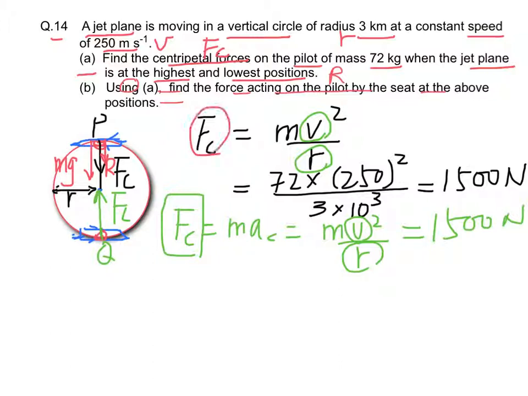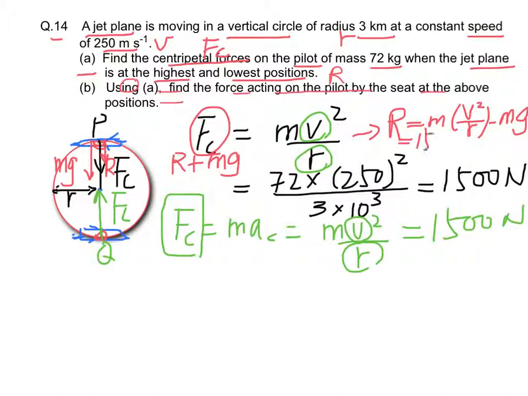Therefore, Fc equals R plus mg, which is equal to mv squared over r, implying the reaction force acting on the pilot at P is equal to mv squared over r minus mg, which is equal to 1,500 minus 72 times 9.81, which is equal to 794 Newton.